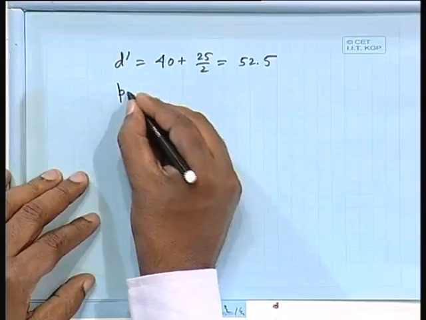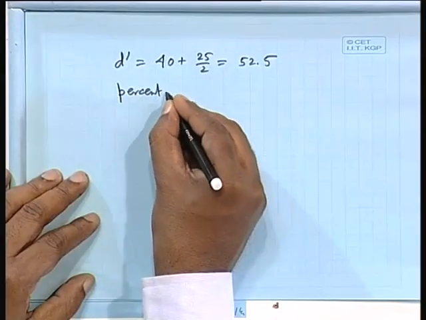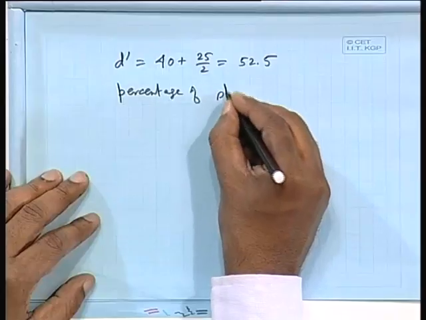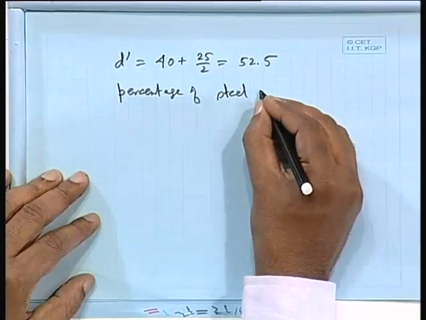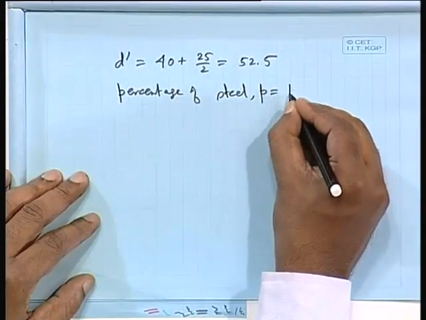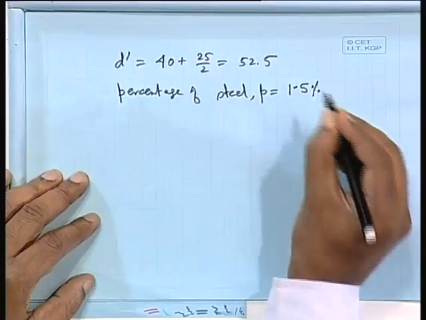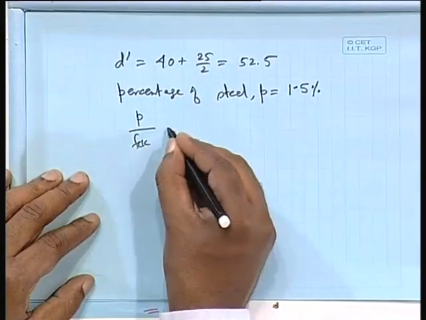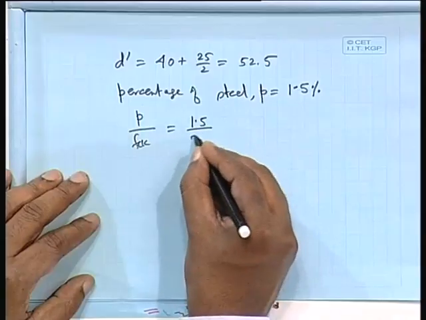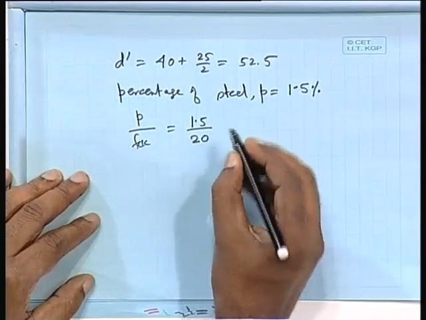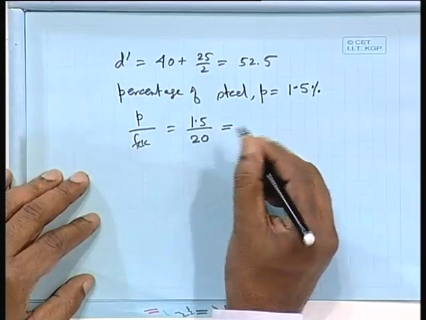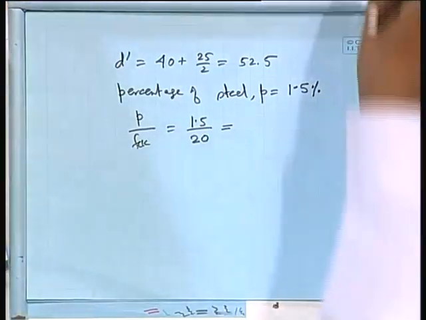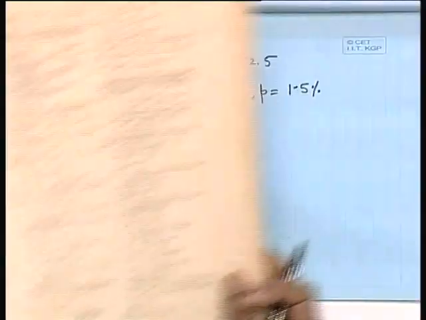Let us take percentage of steel, shall I take 1.5%? So, p by fck equal to 1.5 by 20, or we can do some tricky thing, I think.